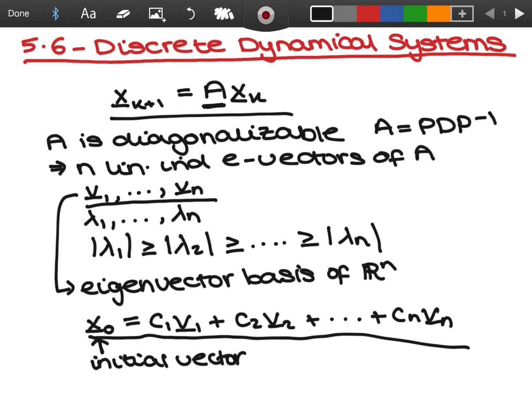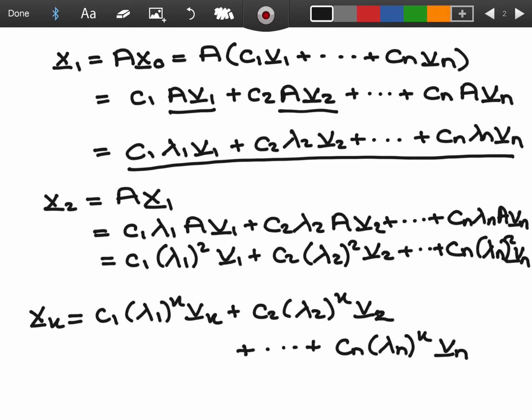C1 through Cn remain constant depending on what your initial vector was. Each time you change the initial vector, that determines what happens after k iterations, because it determines what C1 through Cn are, and whatever your matrix A is will determine what the lambda i's and the eigenvectors Vi are.